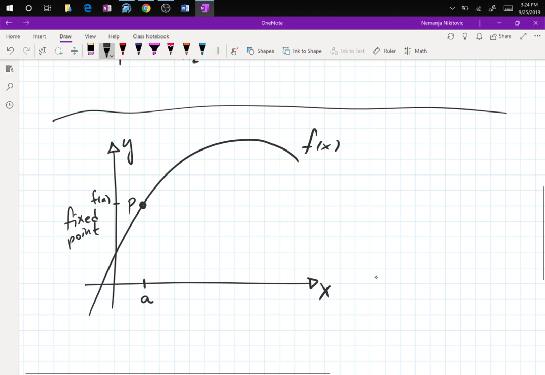So that point P has a and f of a as its x and y. And then we're going to pick another point at random. That point is going to have the value x, and that x is going to go to a.